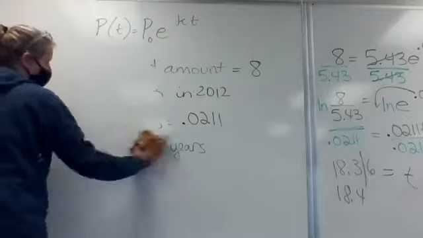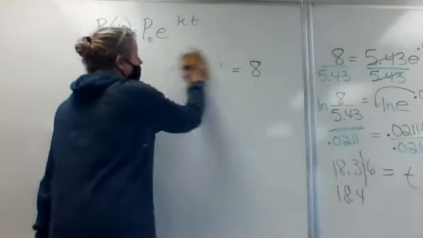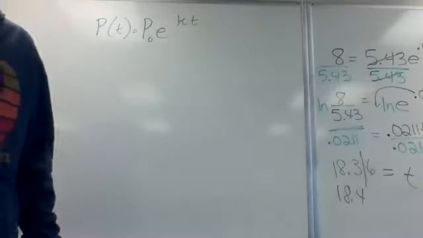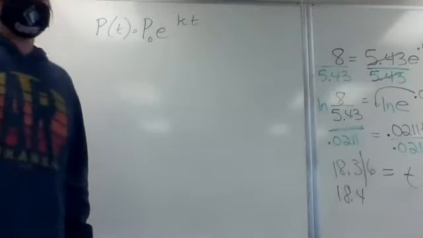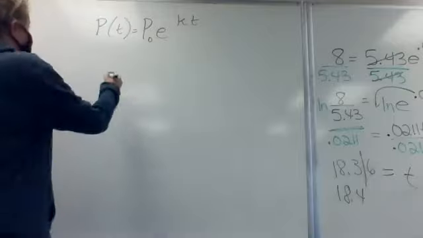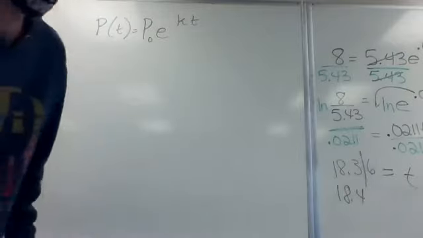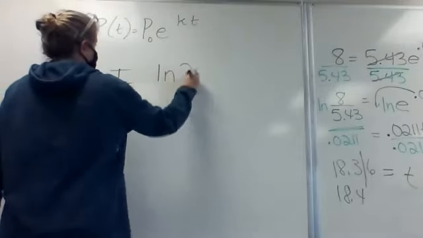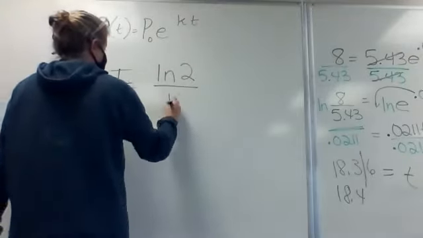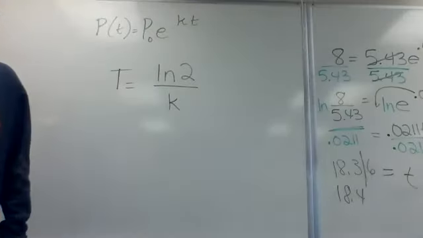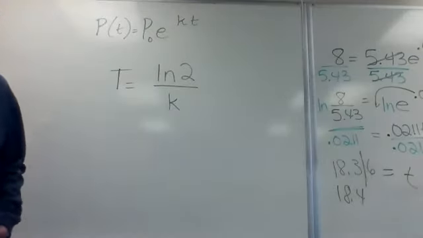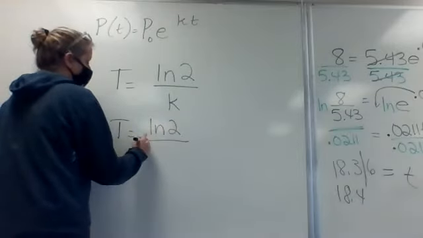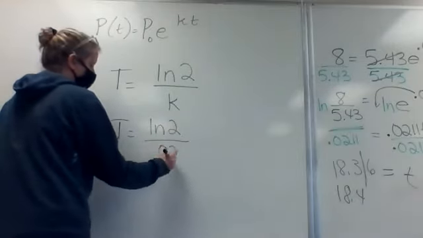The last part of this problem says what's the doubling time? Or in other words, how long is it going to take the population to double if it's growing at 2.11%? The formula for doubling time is always the same. You're just going to have ln of 2 over your rate in decimal form.